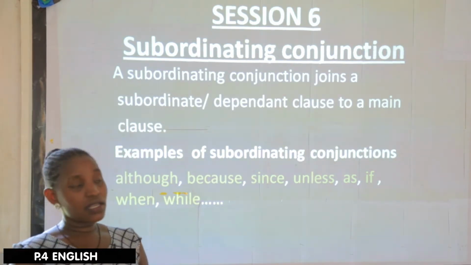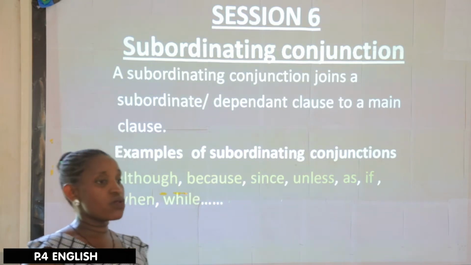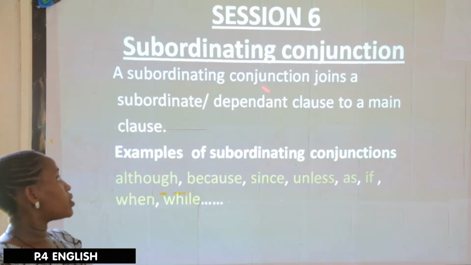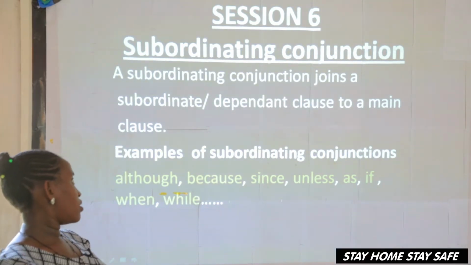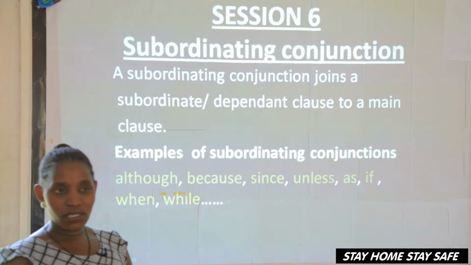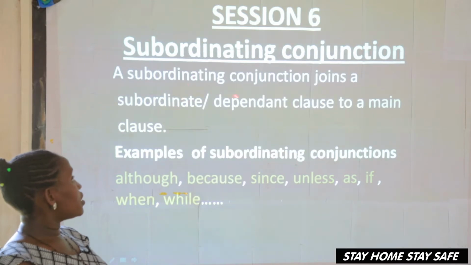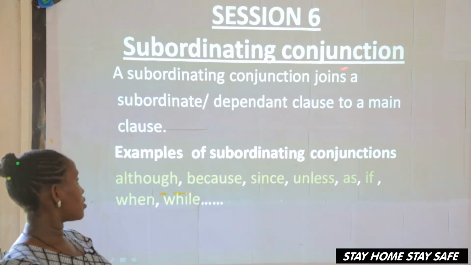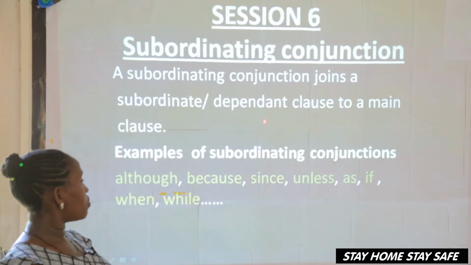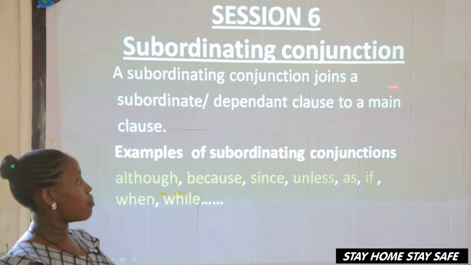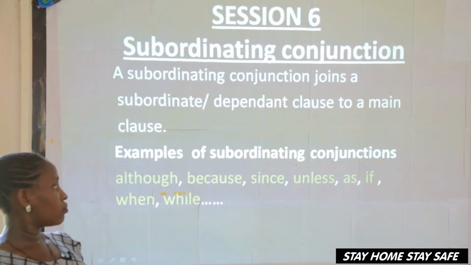Now, this session we are going to go through what we call subordinating conjunctions. What is a subordinating conjunction? In English, we say a subordinating conjunction joins a subordinate or dependent clause to a main clause.